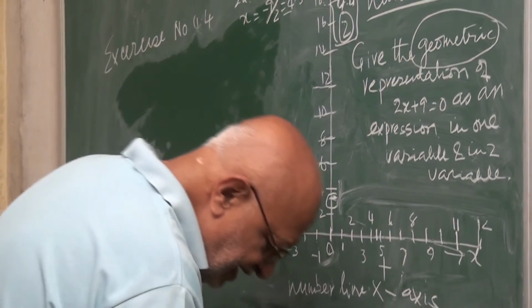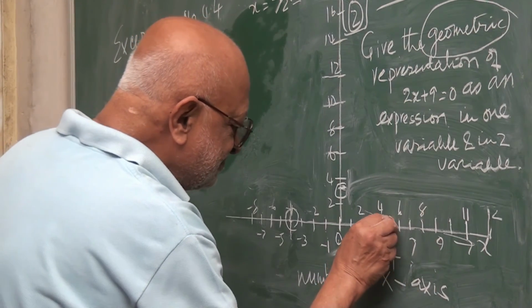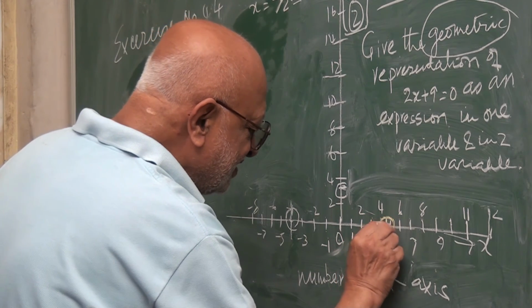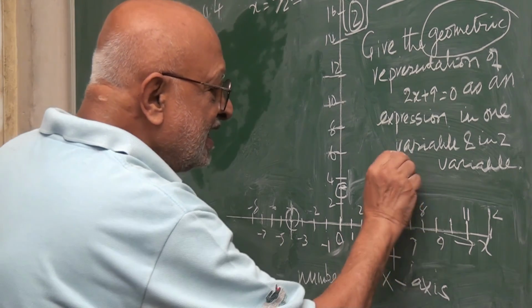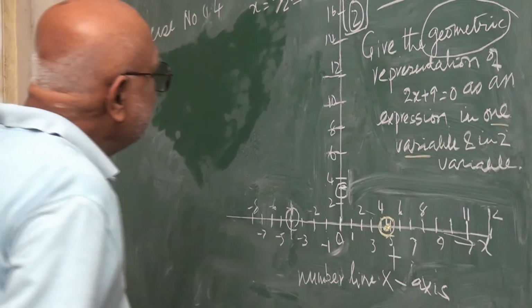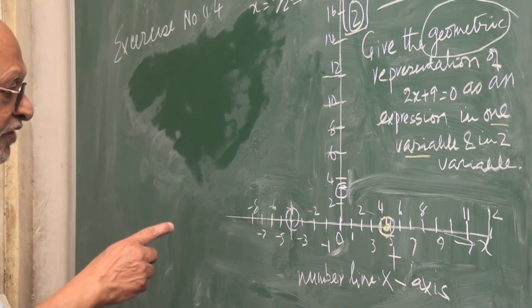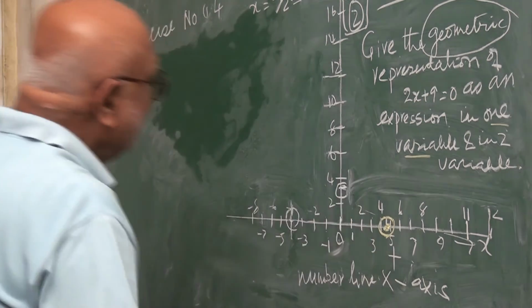So here let me use another chalk so that you can see it. So this is between 4 and 5. So one part is over. Expression in one variable. To make it expression in two variables, what do I have to do? Again I have to use that technique.